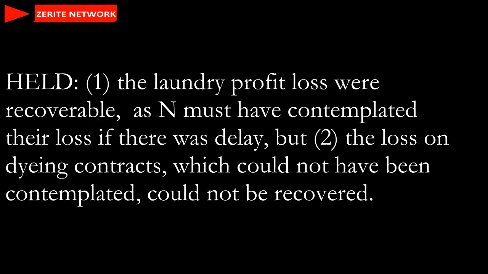So the court held, first, the laundry profit were recoverable, as N must have contemplated their loss if there was delay. But, number 2, the loss on the dyeing contract, which could not have been contemplated, could not be recovered.